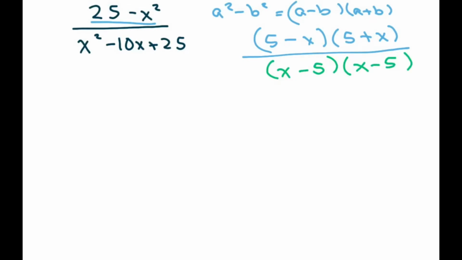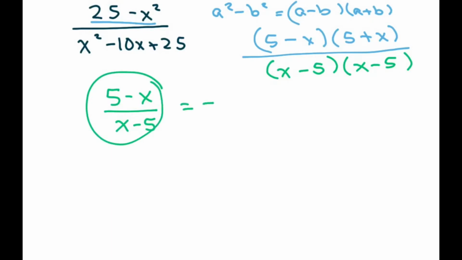All right, so when you see something like this, and I did a video on this, it's in this playlist, that equals negative 1. Because what you can do is take each piece and multiply it by negative 1.